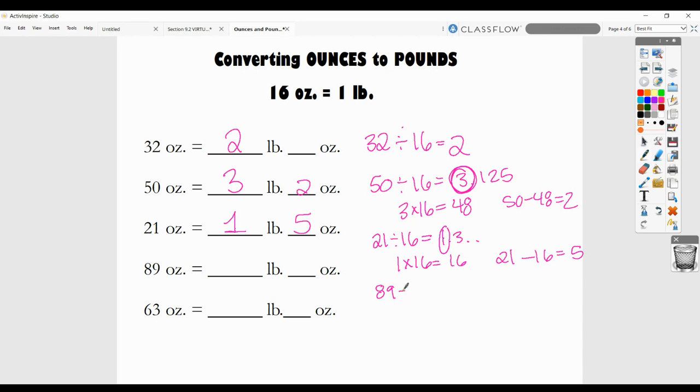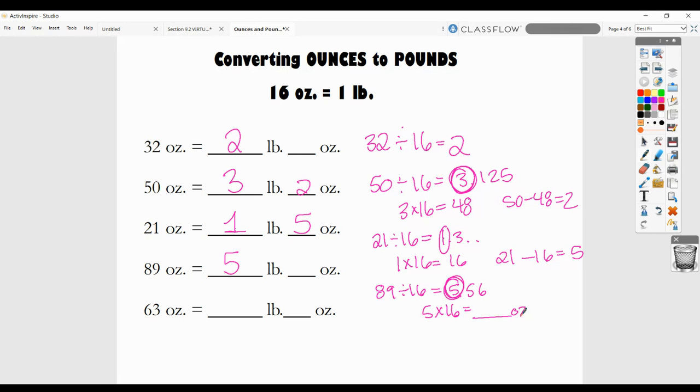All right, let's try another one. 89, first step, divide that by 16 to see how many pounds it is. 89 divided by 16, 5.56 something. But 5 is my whole number. That's how many pounds it is. Take that whole number, which is 5 pounds, and multiply it by 16.